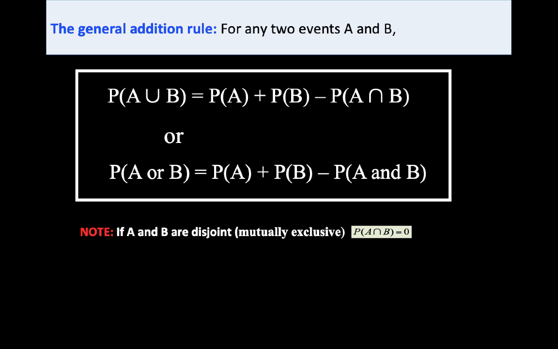We know that. Therefore, this equation becomes probability A union B equals probability of A plus probability of B. Why? Again, if A and B are disjoint, then the probability of intersection is 0.